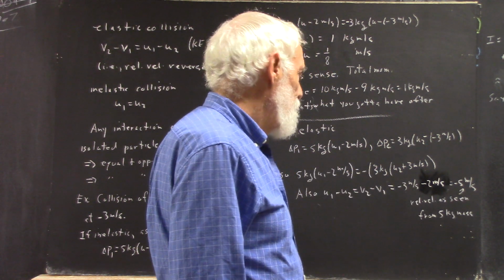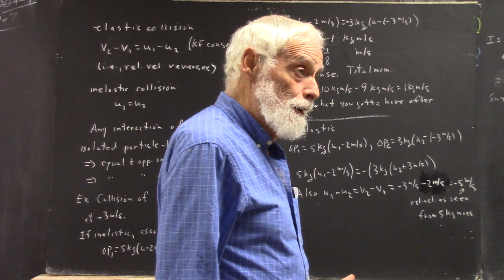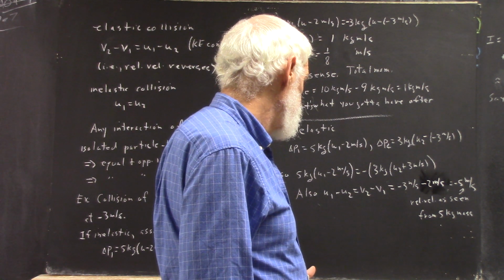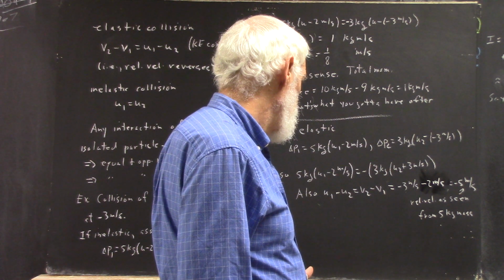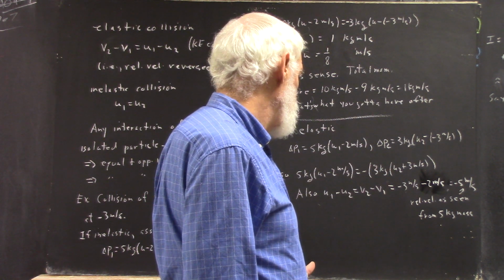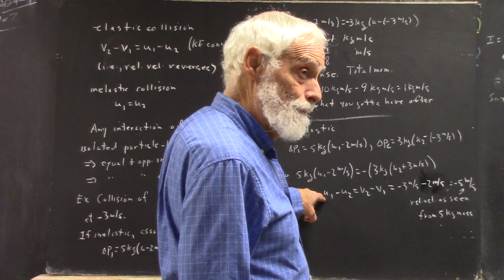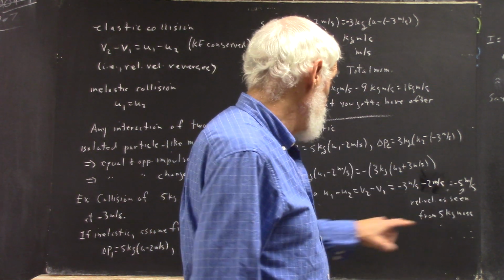Okay? Now, I didn't solve this, but you solve it easily. You could, for example, solve this for U1. It's going to be negative 5 meters per second plus U2.